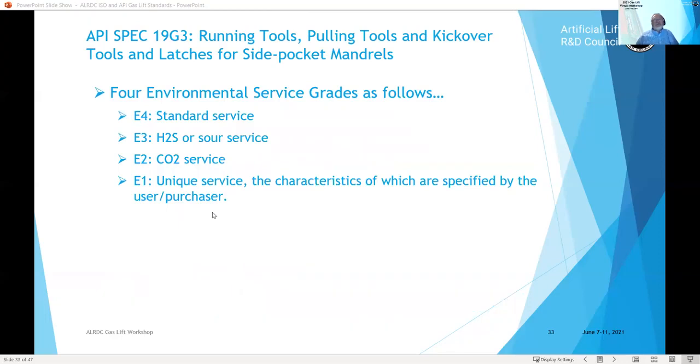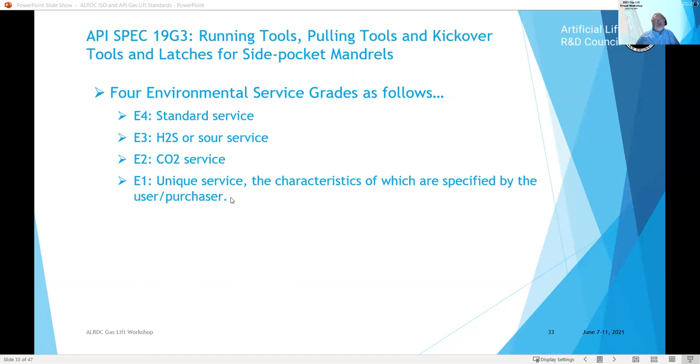And this particular document has environmental service grades. Typically, you can specify standard service, an H2S or sour service, CO2 service, or unique service. We've done away with this on the 19G1 and 19G2 documents.